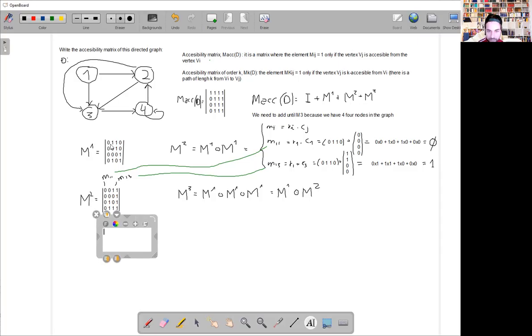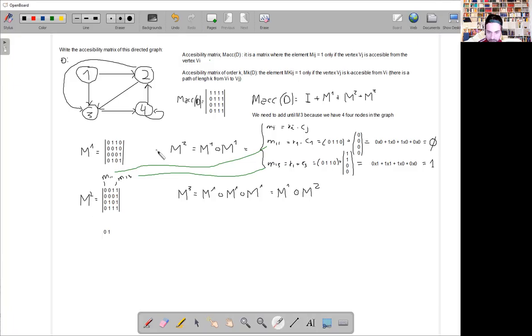Okay, so you start with the first row of M1, right? First, we take the first row of M1 and we multiply it by the first column of M2. This is 0 because we have all zeros. We take the first row of M1 and we multiply it by the second column of M2, and we have a 1 in this position, so 1.